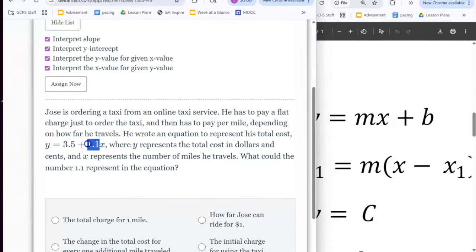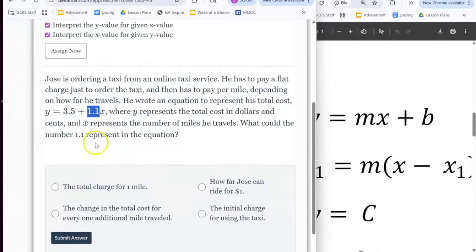So every 1 mile I travel, I pay $1.10. I start by paying the taxi $3.50, and then every mile I'm paying 1.1. So every mile 1.1, another mile 1.1. The thing that keeps happening over and over is my slope, which is 1.1.